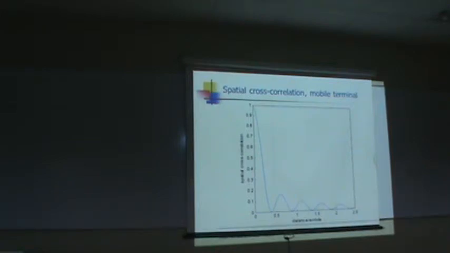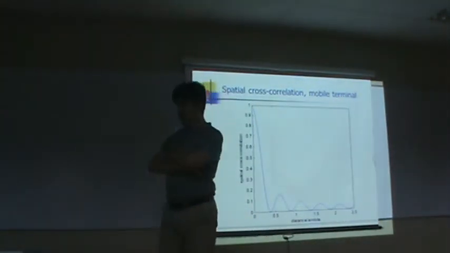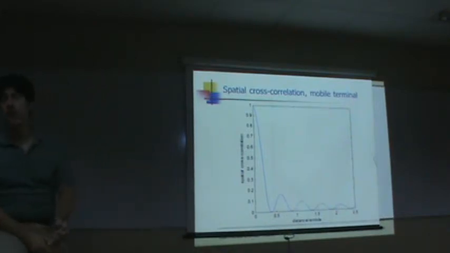Now, if we're talking about 900 megahertz, for example, that is the lowest GSM band. 900 megahertz is a wavelength of 33 centimeters. So you can space two antennas at 15 centimeters on the mobile terminal, and they will be very effective because they will be uncorrelated. That's what you do, for example, on portable devices.